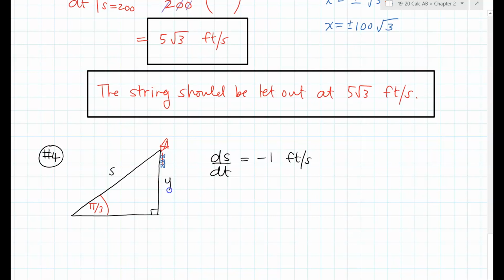So that means my y value, okay? They want to know dy/dt if theta is pi over 3. They said if the angle of elevation does not change, how fast is the kite losing altitude?